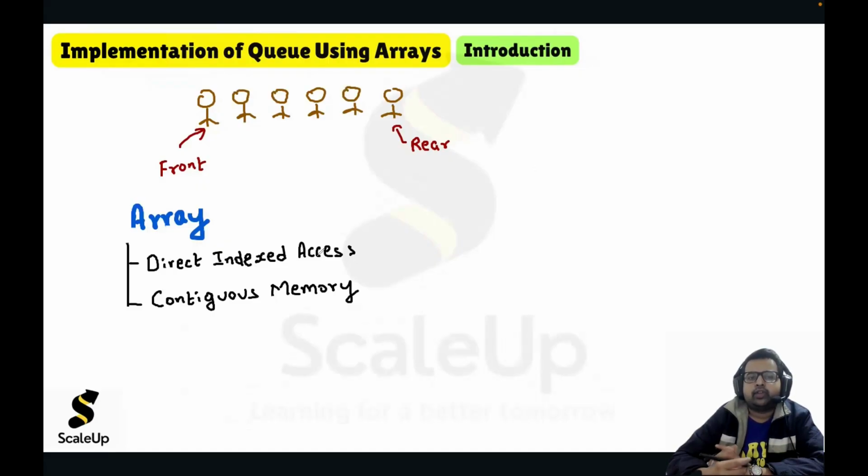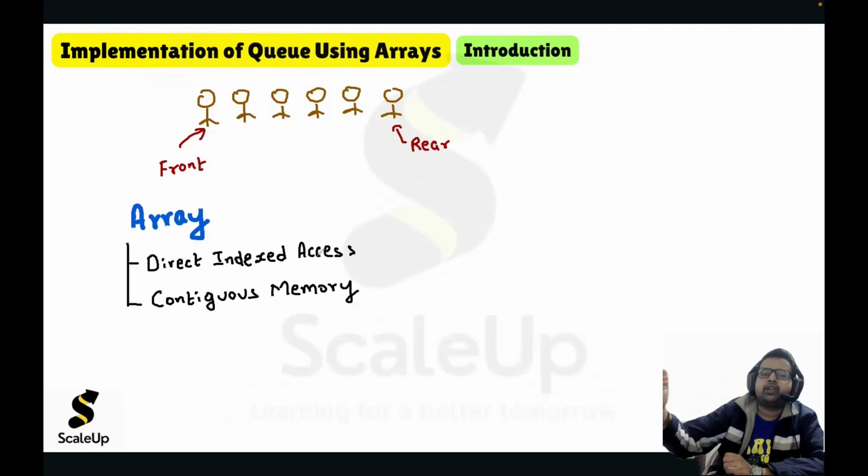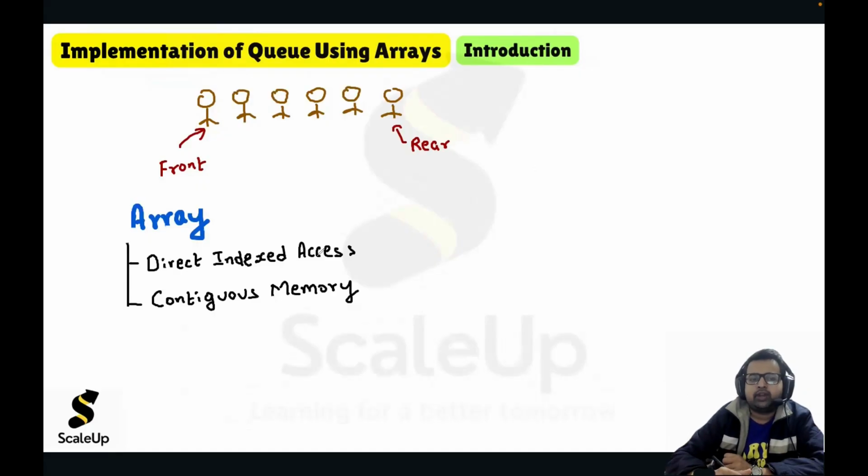If there are millions of records or huge data, then implementing a queue using a linked list will be very inefficient because you have to start from the beginning. So accessing the rear will be order of n, big O of n. But in an array, because of direct indexed access, we can access both front and rear with a time complexity of big O of 1.